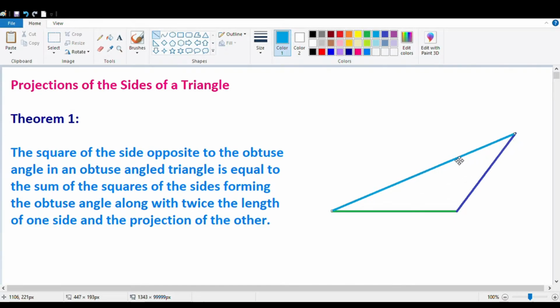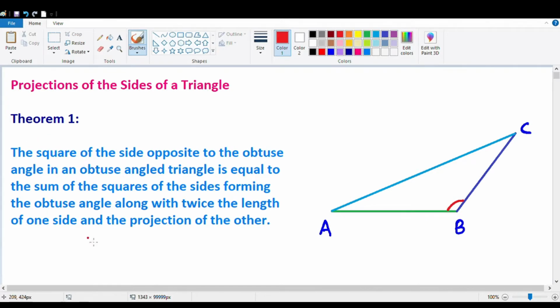Here we go. This is a triangle, and I'm going to name it triangle ABC. It's an obtuse triangle because you can see right here that this angle B is obtuse. It's clear, right? It's bigger than 90 degrees.